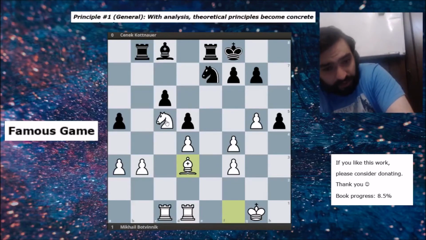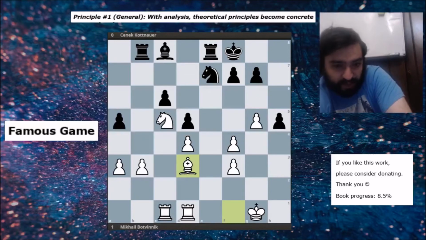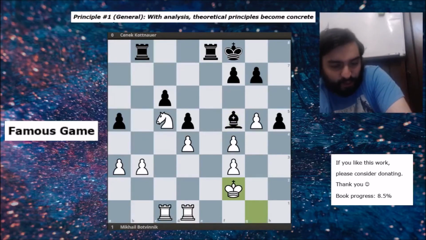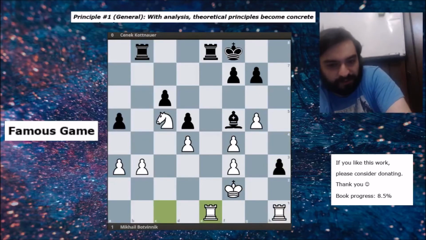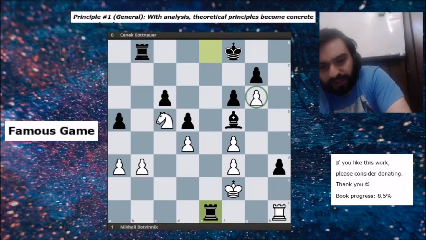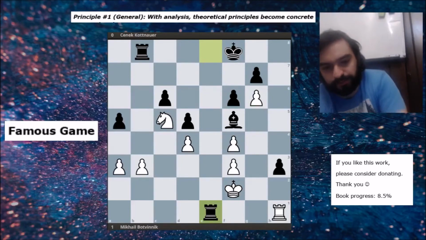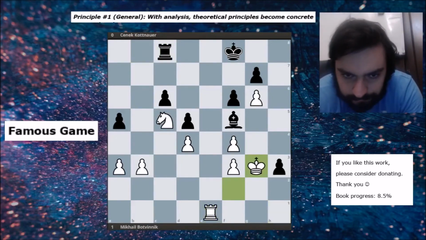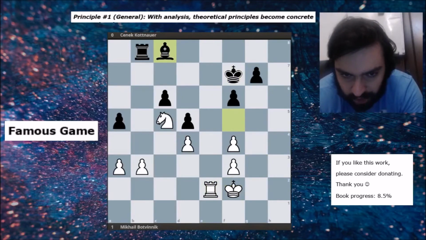For Botvinnik to get the knight to c5 in the first place, he had to make c5 a weak square. And for that, he used a lot of analysis, a lot of calculation to make that possible. Even here, look at this g6 move. It's a very tactically based move. All of this g6 is just distraction basically.